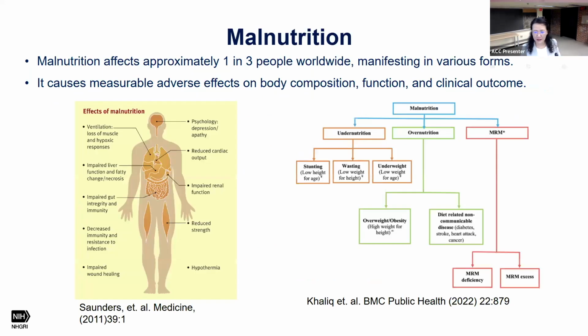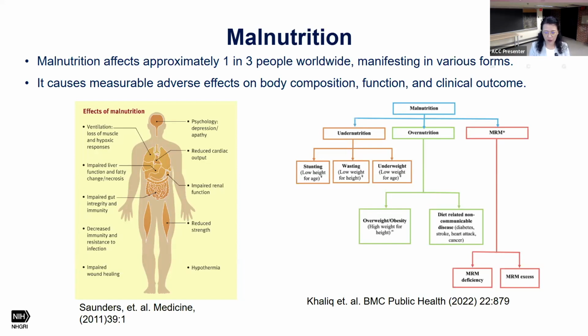So when we talk about malnutrition, there are multiple forms, including undernutrition and overnutrition. Usually obesity acquires more focus, while undernutrition, usually what we call malnutrition, is also causing severe consequences.